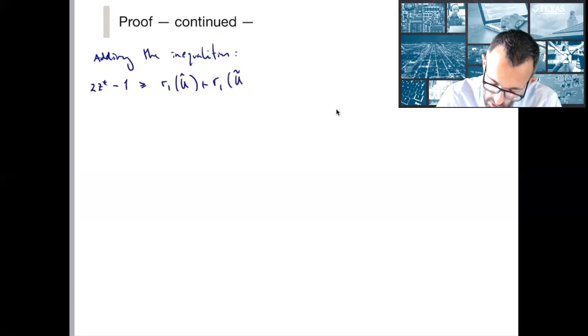R1 of U tilde plus E plus, and you'll see why I'm grouping it in this way, R2 of E minus U hat plus R2 of E minus U tilde.